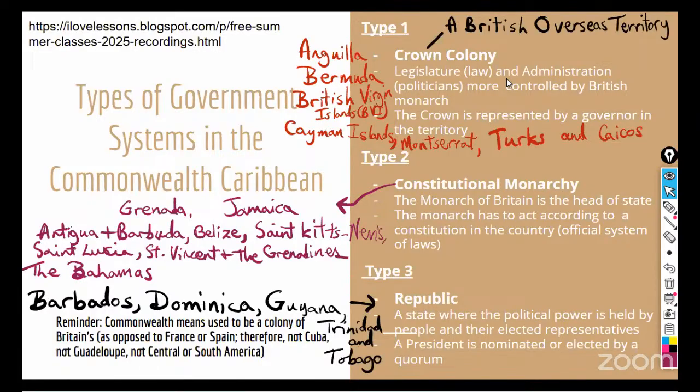Curacao is Dutch, Cuba is Spanish. In terms of the government structure, right? So we're not bothered with them right now. Let me rephrase that. You would not be required to know about their government.